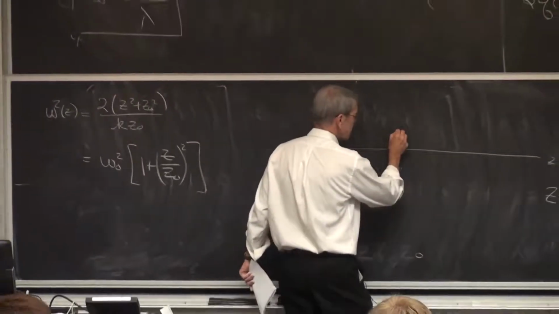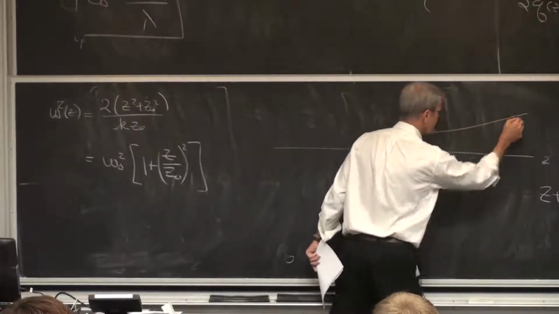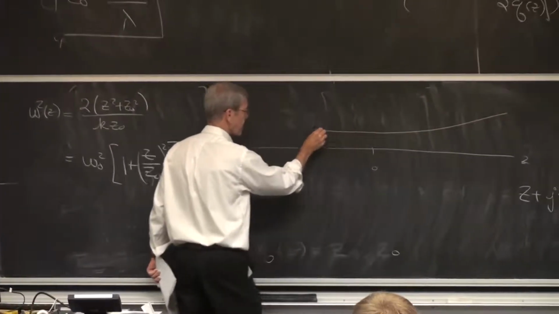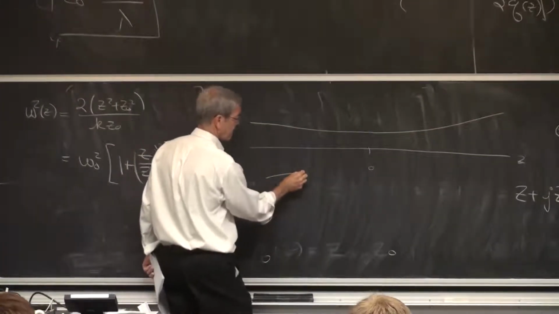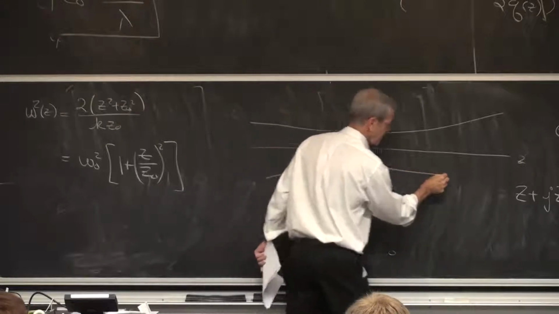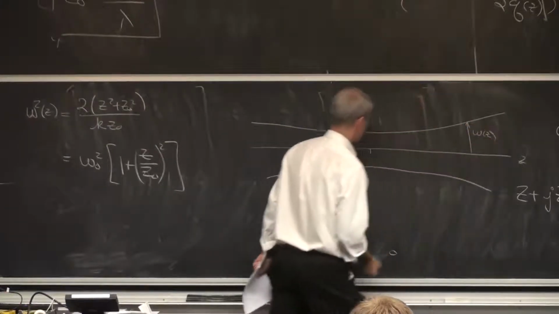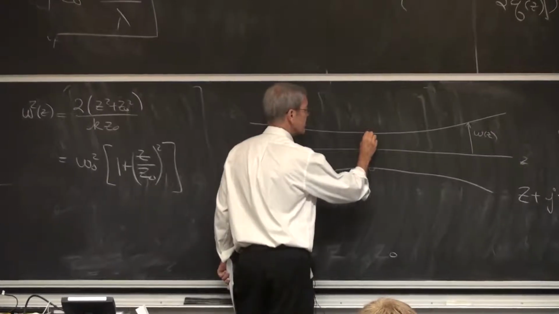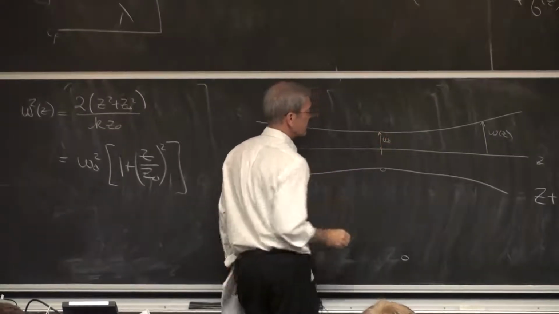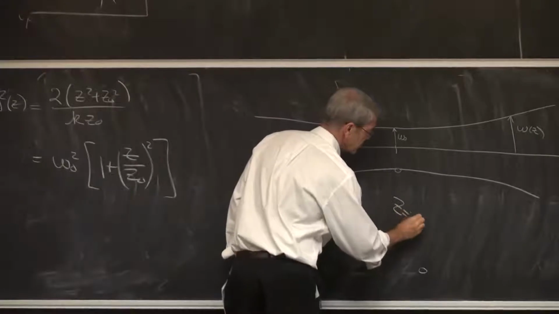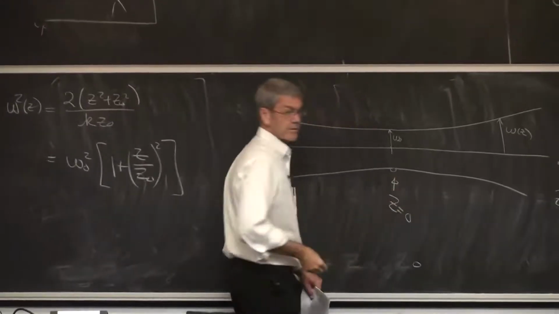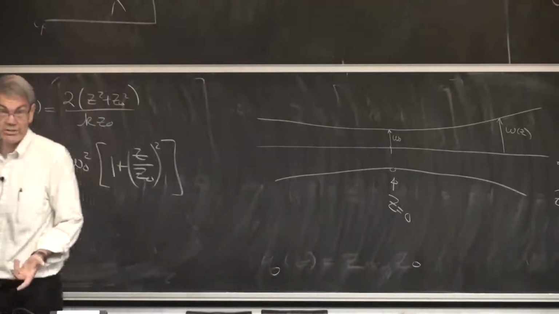I would find the beam following a curve like this, where this is omega of z, and this is omega naught, and this is z equals 0. So all of that is just falling out of this equation.